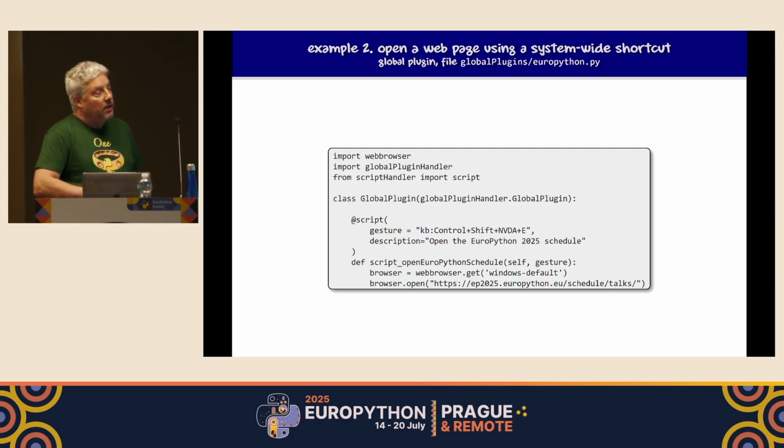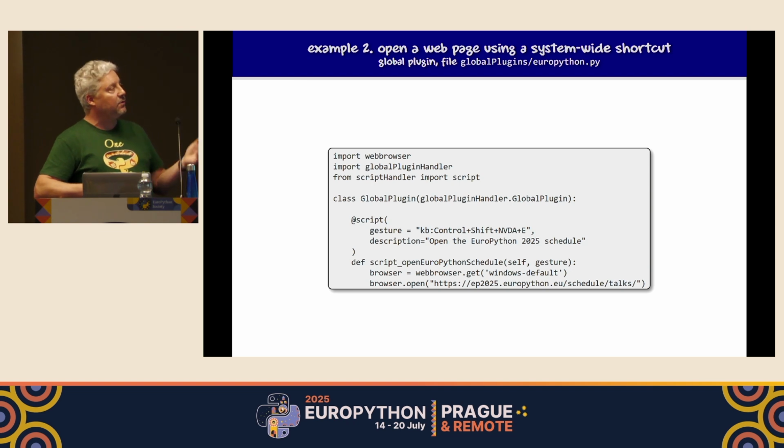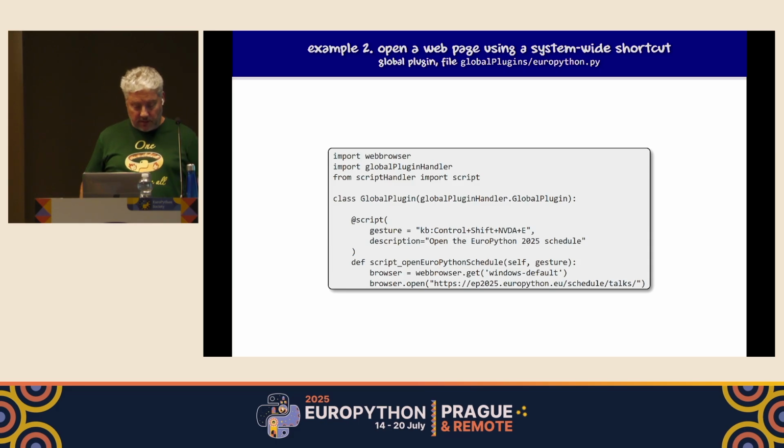Okay. In this case, I open a web page, but I don't have internet connection. I didn't remember to connect, so you will not see this, but anyway, this is a simple script to use the web browser module that is included in the standard library, and in principle, here I am opening a fixed URL, but in principle I could use any.